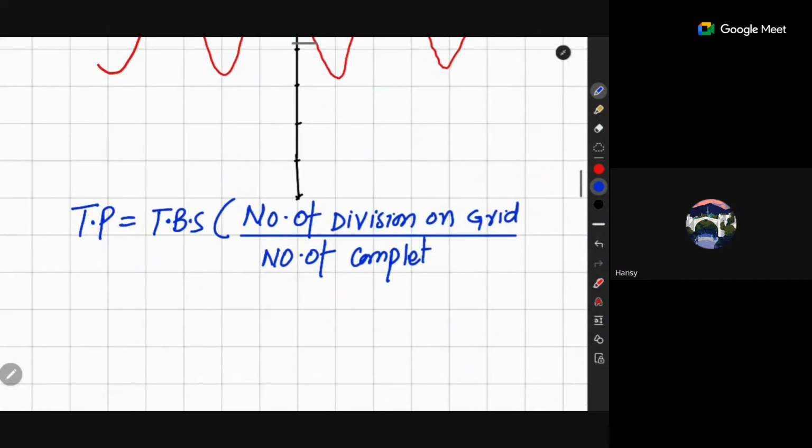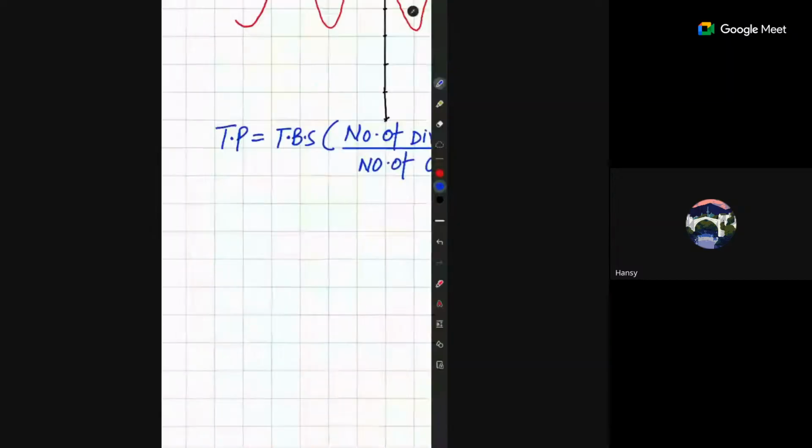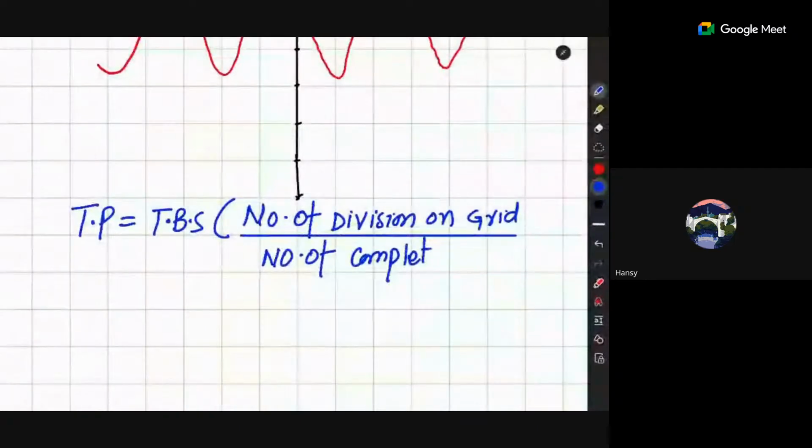This formula is really helpful, and this is not discussed anywhere. But I have solved one MCQ. That MCQ was a very tricky MCQ. Yes, Lulu, if you remember, there was an MCQ in the past papers that there is a coil connected to a rotator, and there were 3,000 rotations per second, and you were supposed to show how many waves will appear in a 10 centimeter dial.